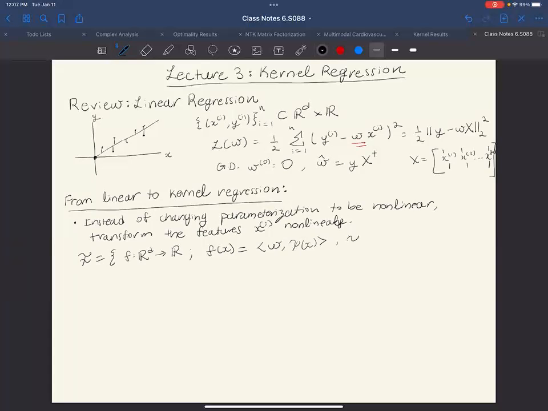So psi is just a function from Rd to a space H, which has an inner product. So what is H? It's going to be a vector space with an inner product.